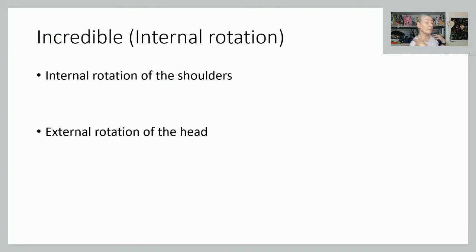But as my shoulders rotate round, my head's going to come with it. Does that make sense? So because my head is attached to my shoulders, as my shoulders turn, my head is going to go as well. So as those shoulders rotate into the AP diameter, you will see that baby's head rotate externally to whichever way the baby was facing.